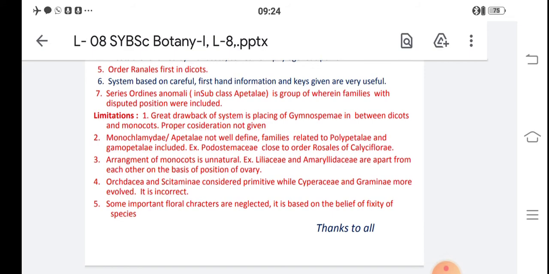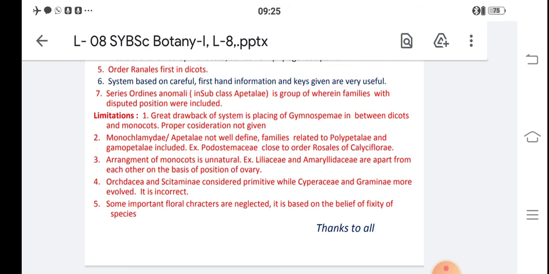And the families Orchidaceae and Scitamineae are considered primitive compared to Cyperaceae and Gramineae, which are more evolved. It is incorrect, right? Actually Orchidaceae is also advanced, but it is not considered so. And the last demerit: some important floral characters are neglected.